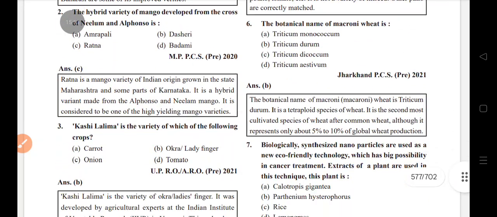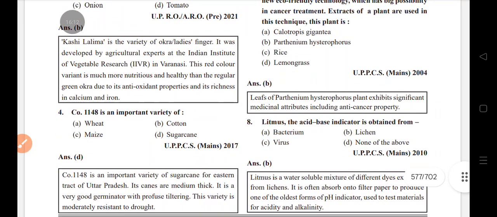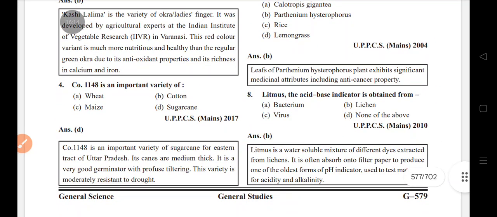Triticum durum. Biologically synthesized nanoparticles are used as a new eco-friendly technology which has big possibility in cancer treatment. Extract of a plant is used in this technique. This plant is Parthenium hysterophorus. Litmus, the acid-base indicator, is obtained from lichen.